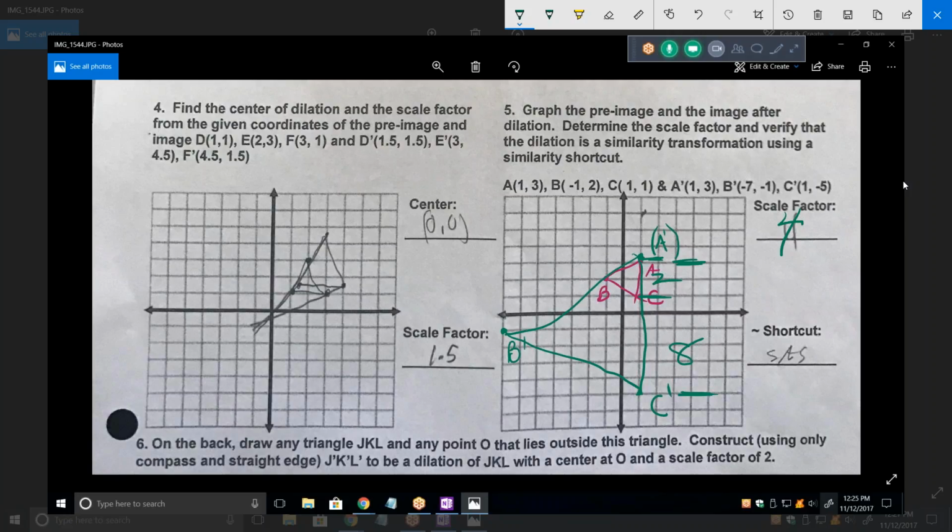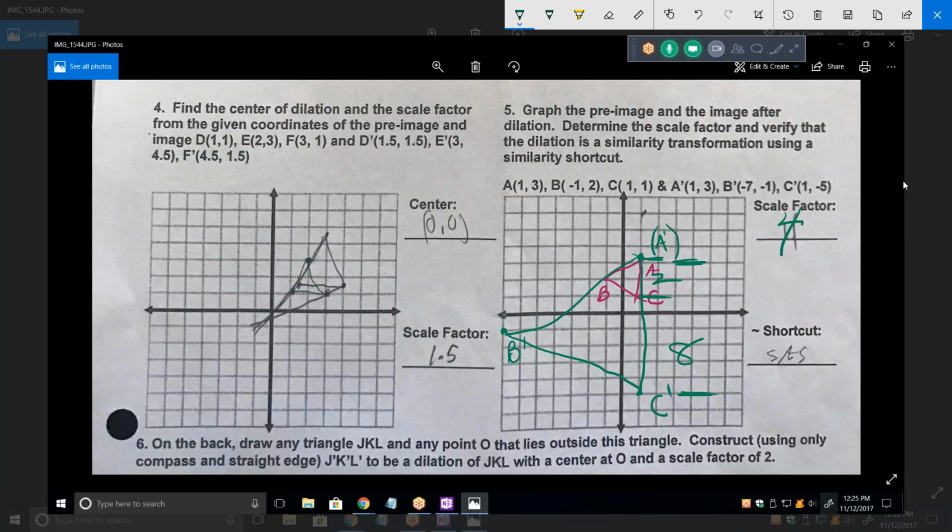Okay. The shortcut. Verify that the dilation is a similarity transformation using a similarity shortcut. Well, the shortcut really is the fact that AC is 2 and AC prime is 8.